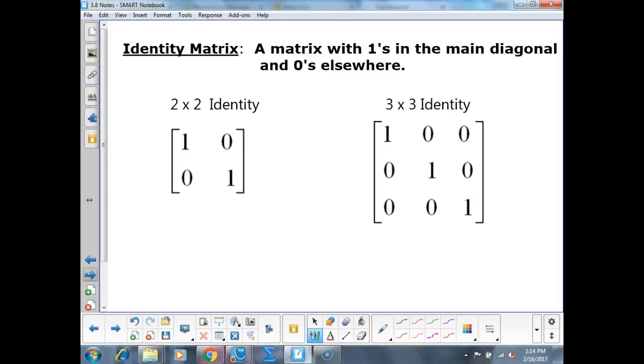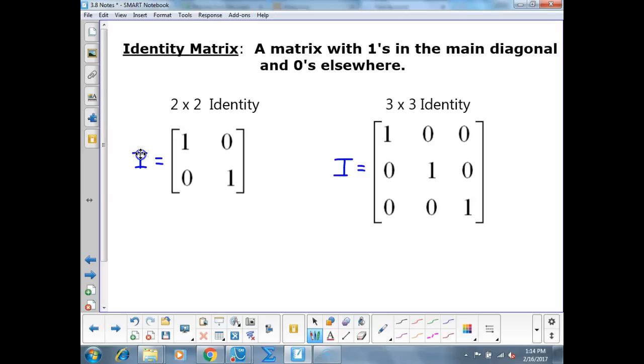When I'm multiplying, what's the number that I multiply by to not change? 1. 1 is the multiplicative identity. So, in matrices, we have a matrix identity, or the identity matrix. We call it matrix I.